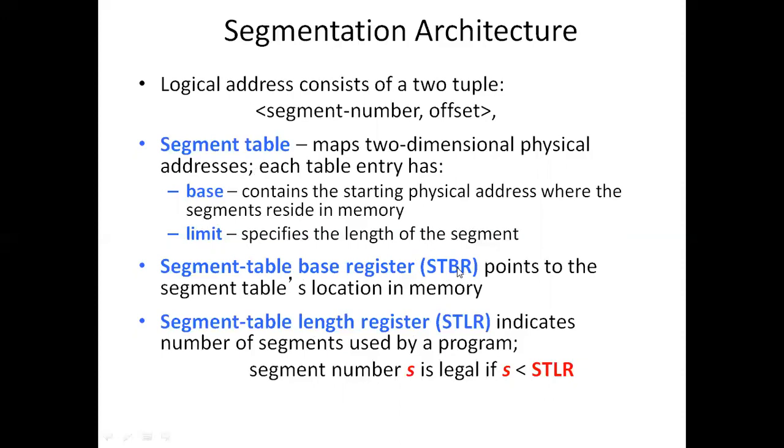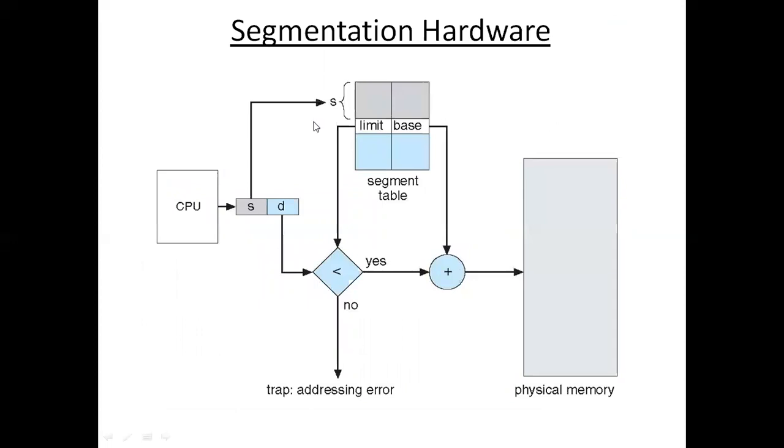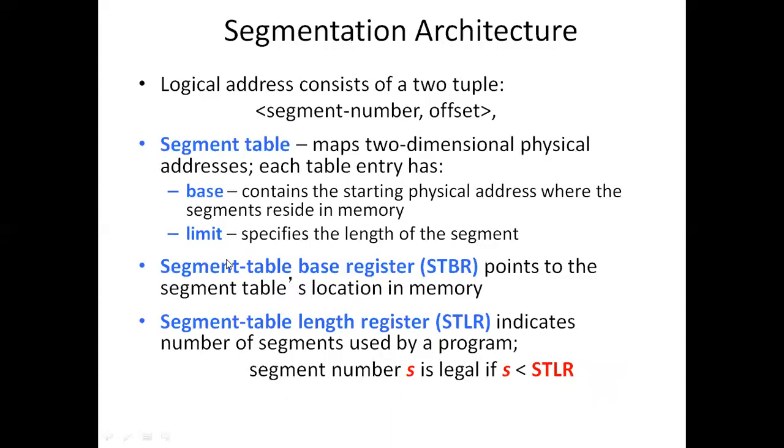In this hardware diagram, for each segment we pick up the limit and the base, and those 2 values are placed in the 2 registers we just spoke about, the segment table base register and the segment table length register.